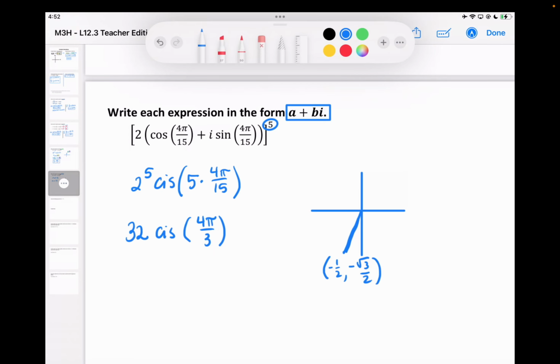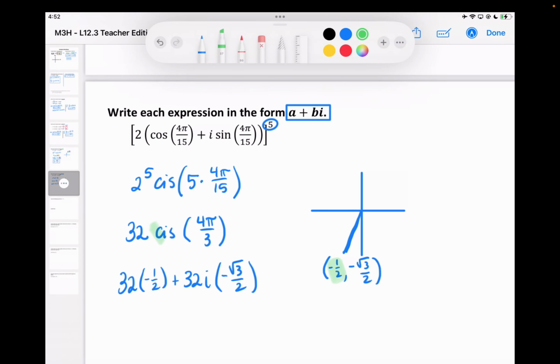And then I am going to convert this. So to convert it, remember the C stands for cosine, which is the x value. So 32 times my x value plus 32i times my y value.